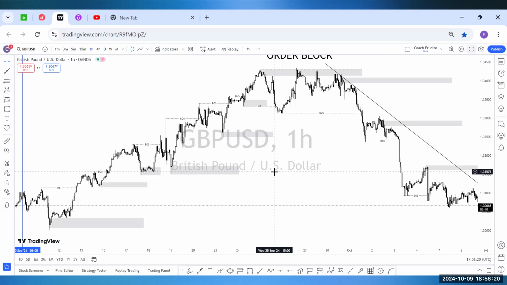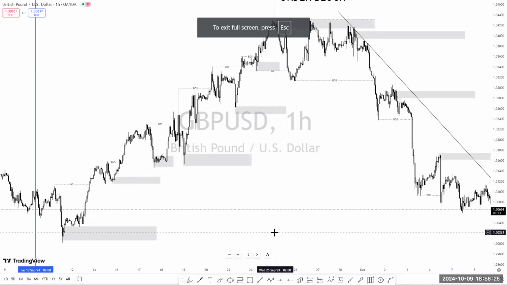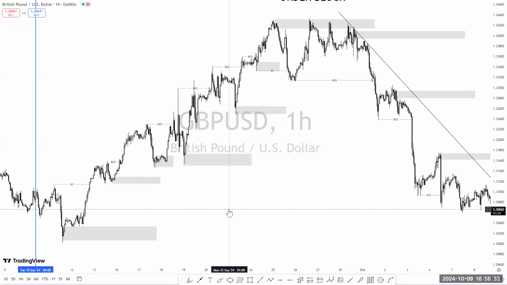Once it comes to trading currency pair, because I trade both synthetic and currency pair, please have at the back of your mind that trend is your friend. You work with the trend. So now that we have understood how to identify order block, now is to identify which one is valid, which one is not valid. Now, valid order block, the one that creates gaps.